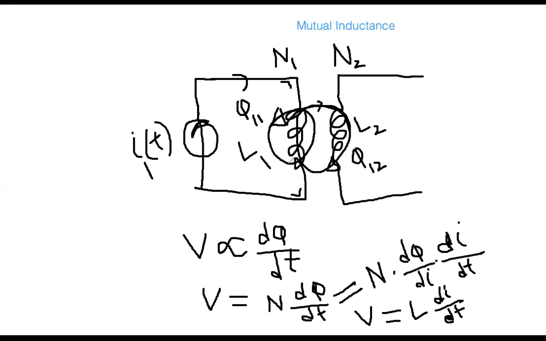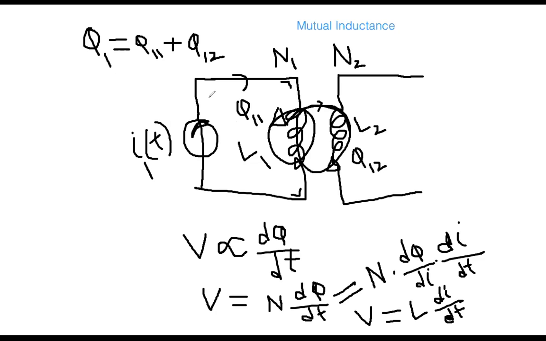So once again, let me write the total flux. Phi 1 is phi 1,1 plus phi 1,2. This means first I applied current i1(t) only on this coil. We are not applying any voltage or current on the right side coil.